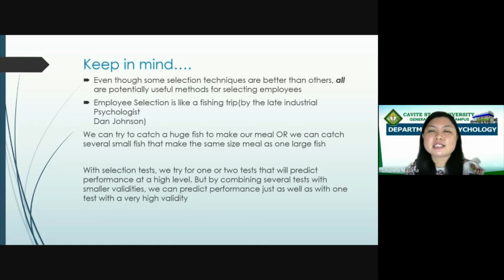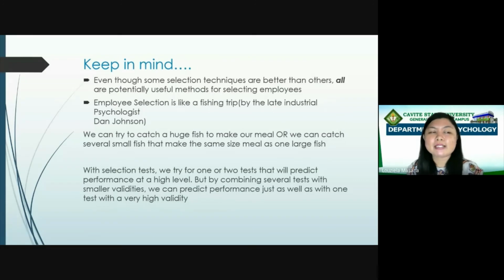Employee selection is like a fishing trip, by the late industrial psychologist Dan Johnson. We can try to catch a huge fish to make our meal, or we can catch several small fish that make the same size meal as one large fish. With selection tests, we try for one or two tests that will predict performance at a high level.